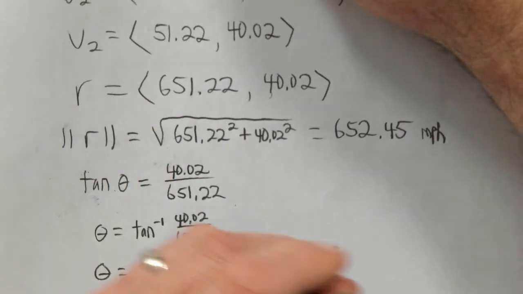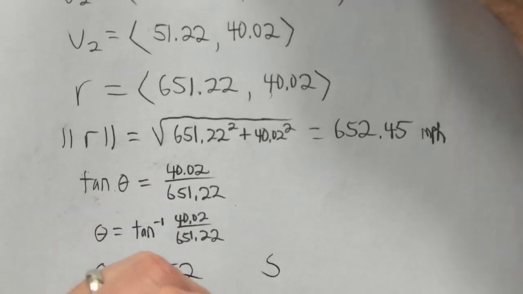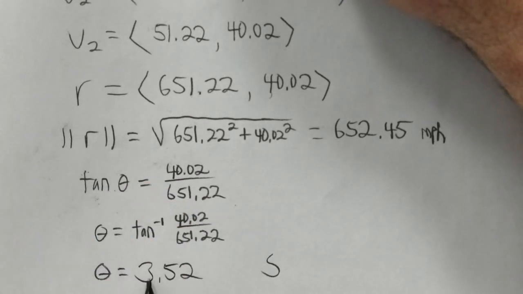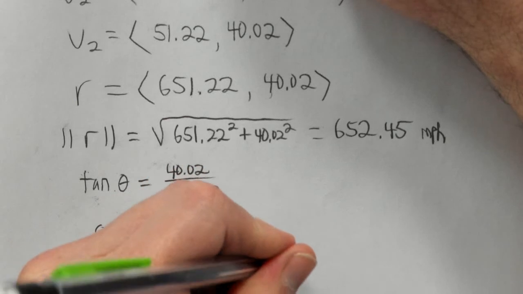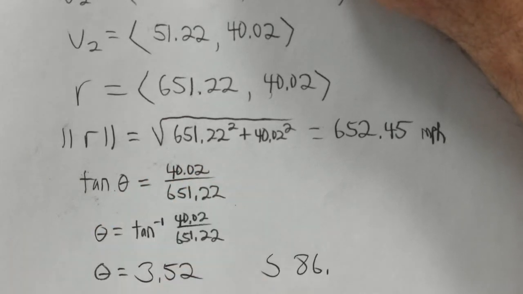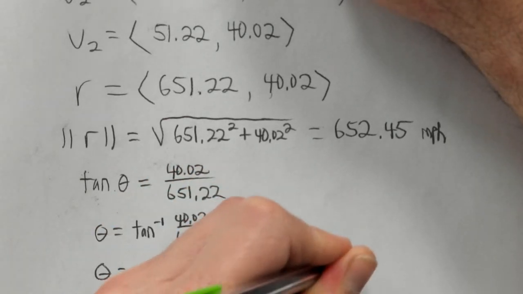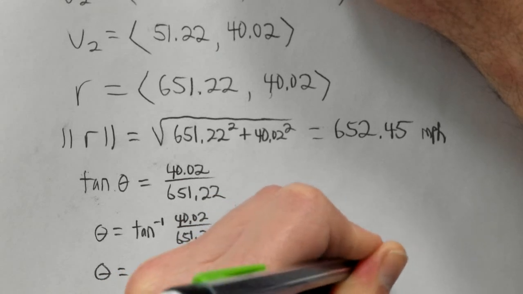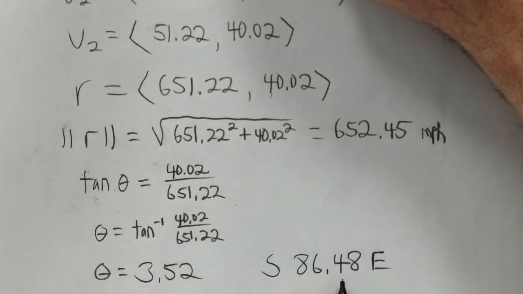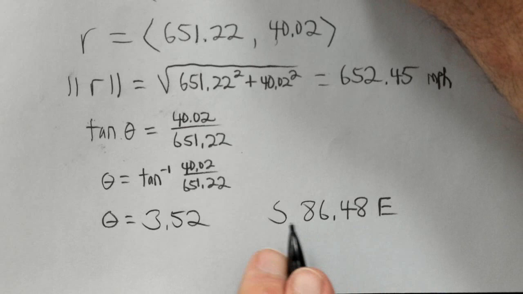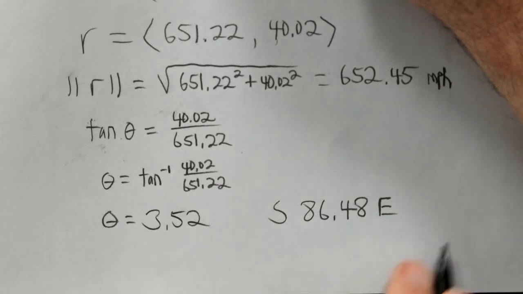I'll write it as south, and then I need to go 90 minus the 3.52, which will give me 86.48 east. So it's 86.48 degrees east of south is the answer that you would be looking for.